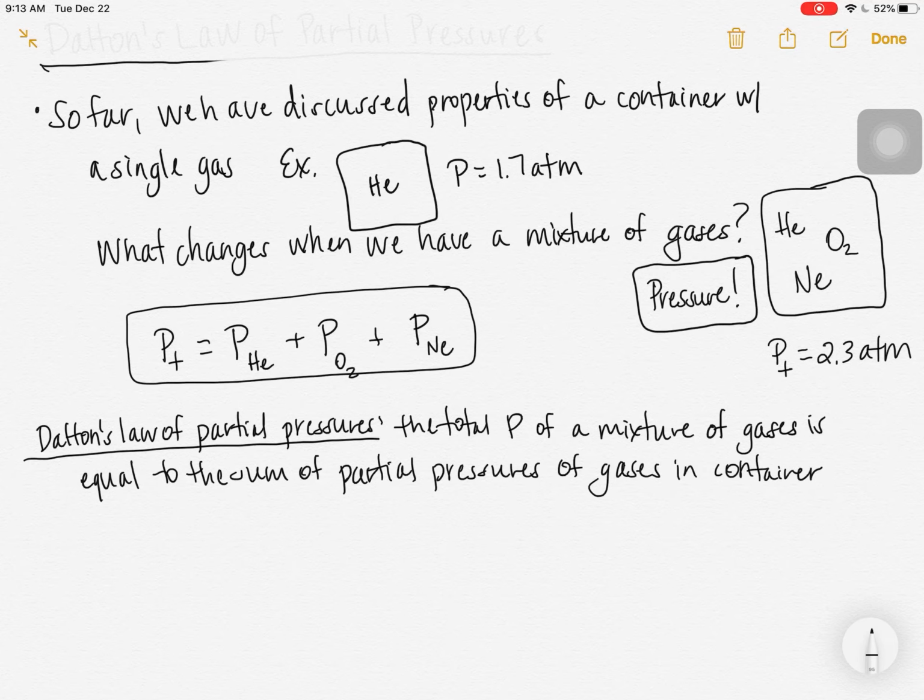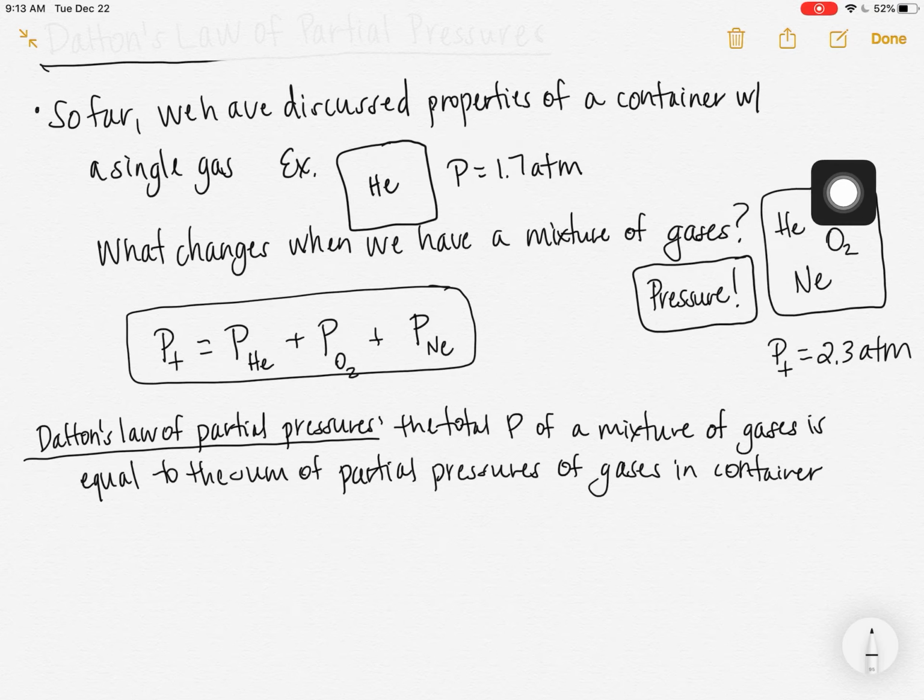So that is in words what I just showed you mathematically in this equation. Now, let me back up for a second, and notice up here, I'm not really calling it total pressure because there's really no reason to refer to it as the total pressure when we know that only the helium is contributing to the pressure.